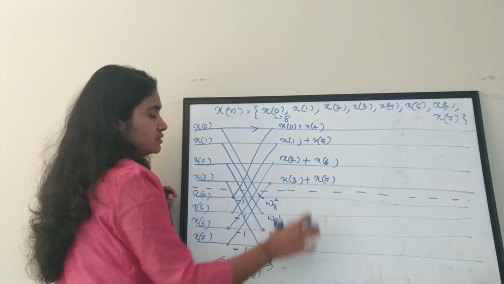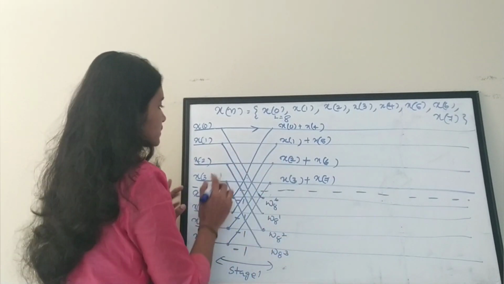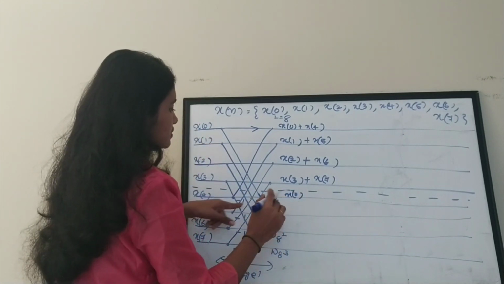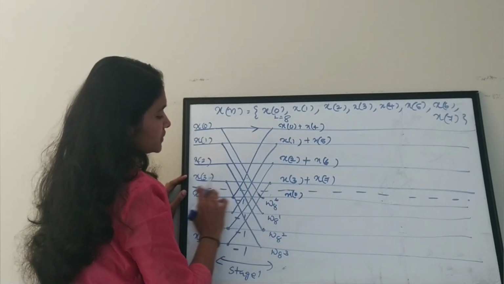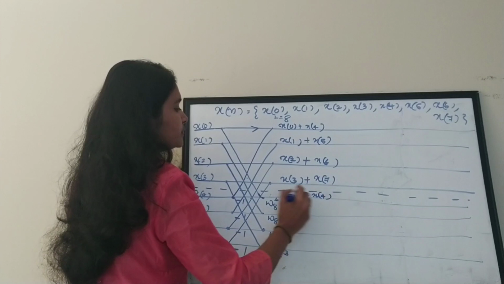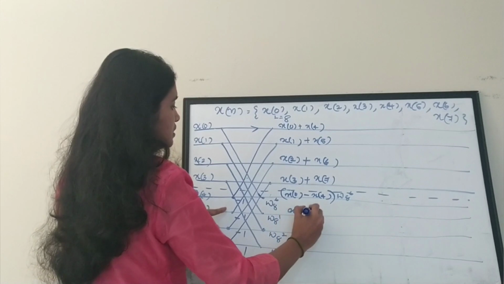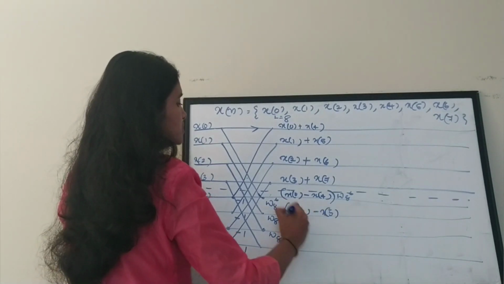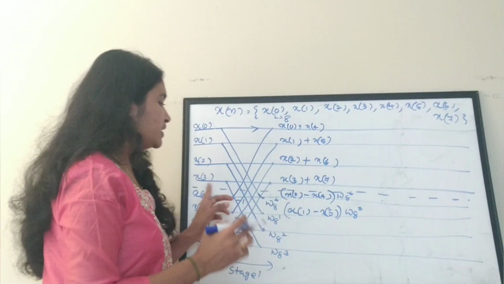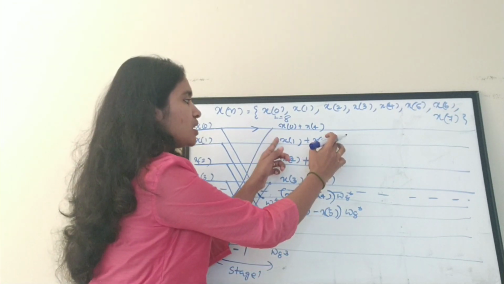Next, let's talk about the 4 outputs on the lower branches. The first one is x of 0 minus x of 4 into W8 raised to 0. Here it is x of 1 minus x of 5 into W8 raised to 0. So if you have any problem in finding from where the inputs are coming, just look at the upper outputs.